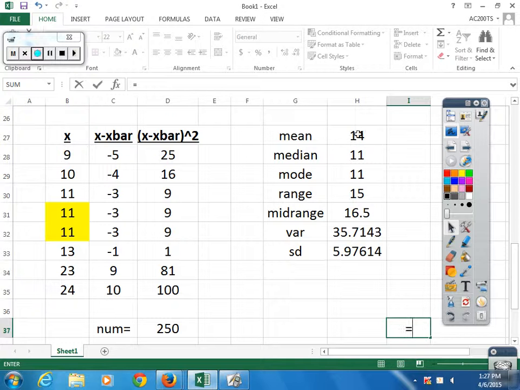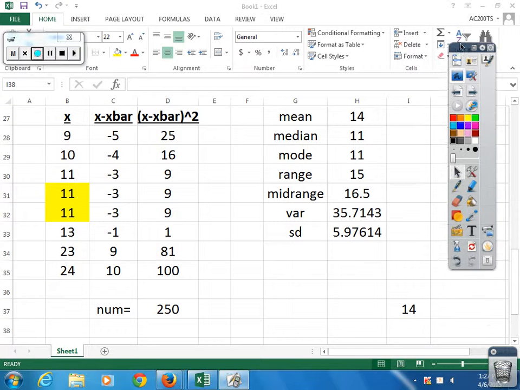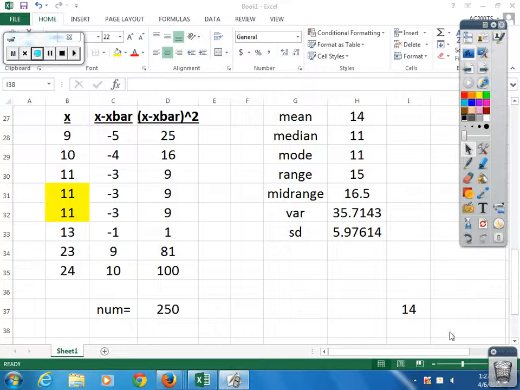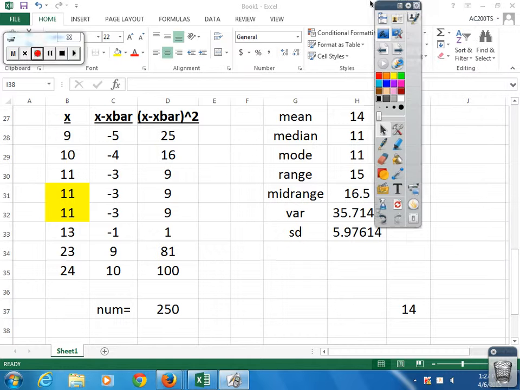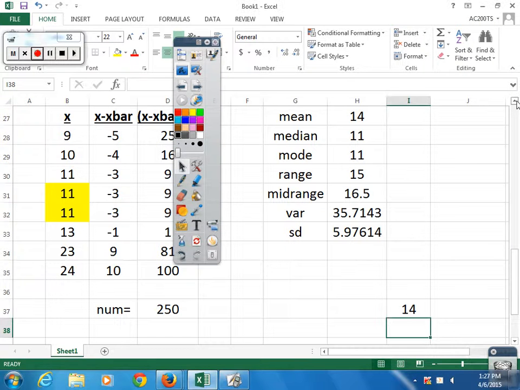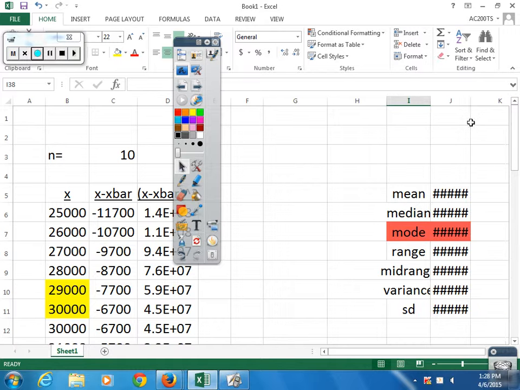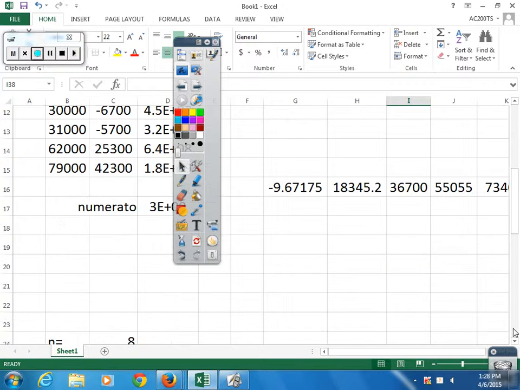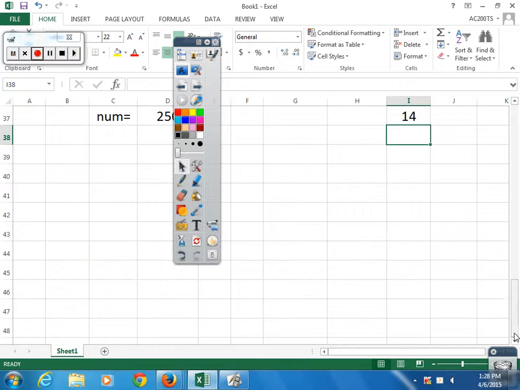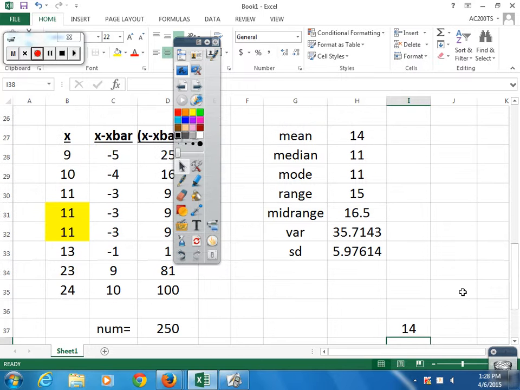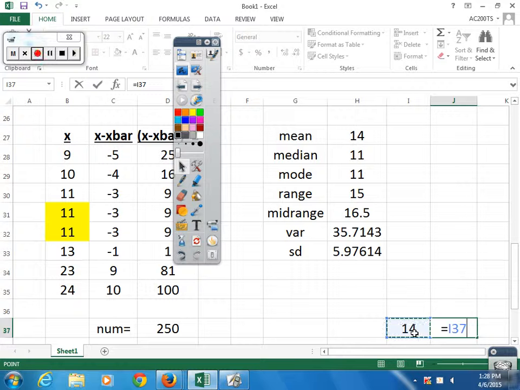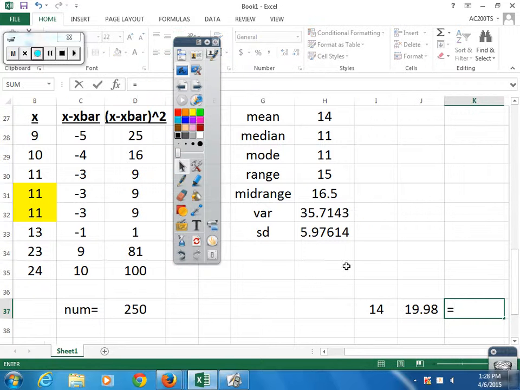That's going to be equal to the mean in the middle. 14 plus the standard deviation on one side, and equals standard deviation again, 2 on the right, 2 on the left.